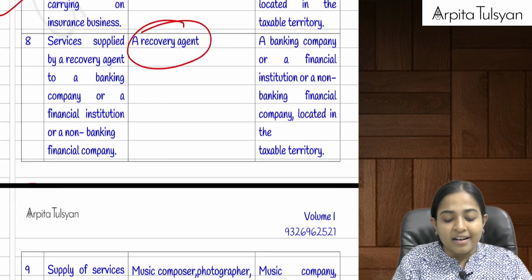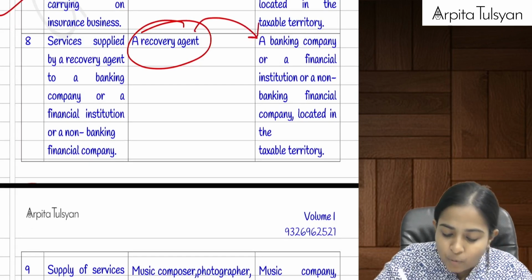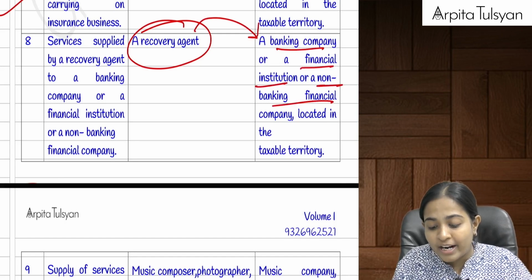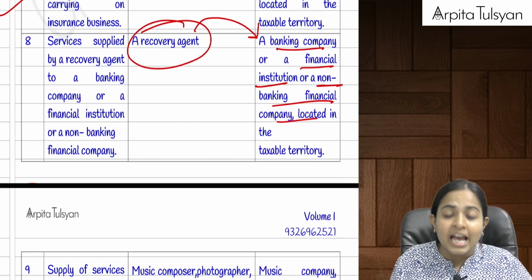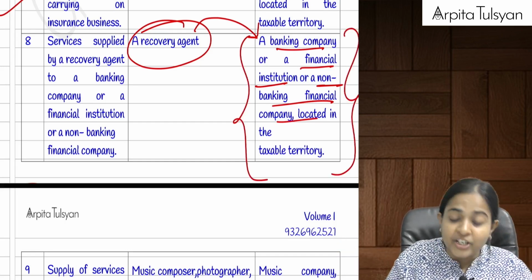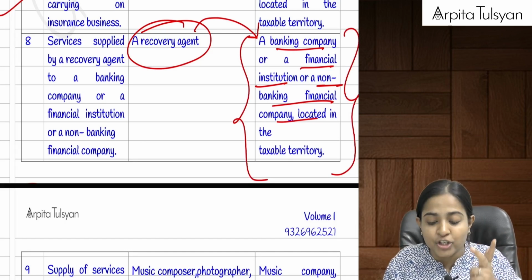Similarly, if there is a recovery agent, who is providing the services, who is helping the banks or a financial institution or an NBFC to recover their debts or their non-performing assets, to recover the money from the defaulters, etc. The recovery agent is working only for these persons, that is, for a bank, a financial institution or an NBFC.